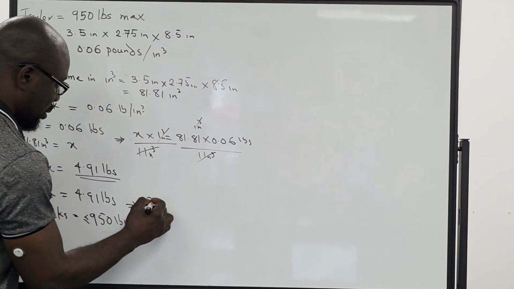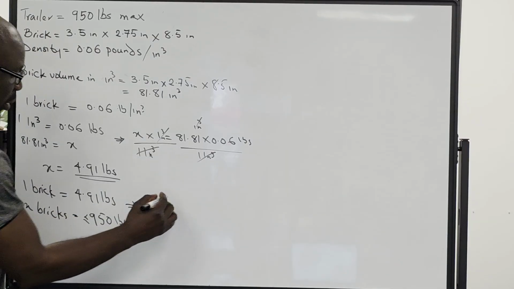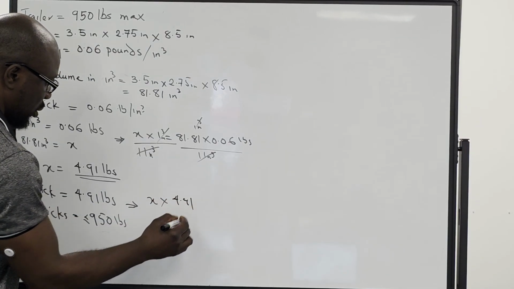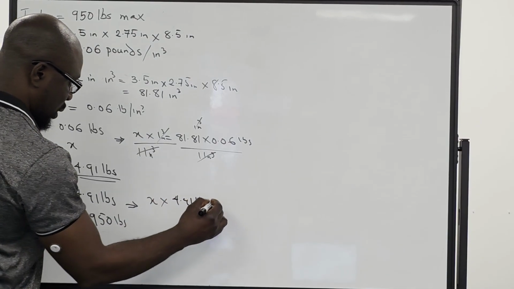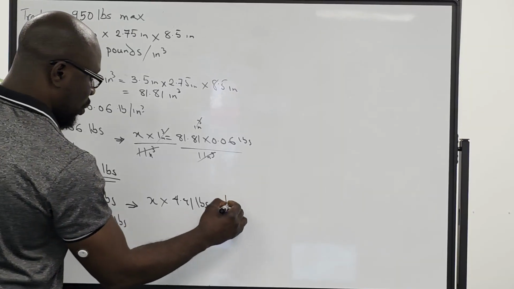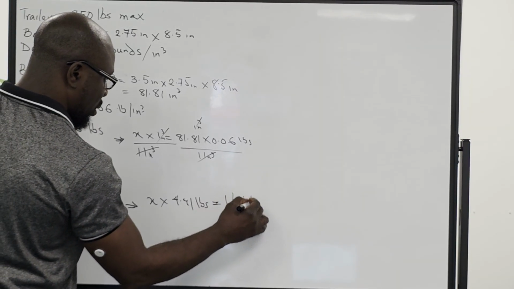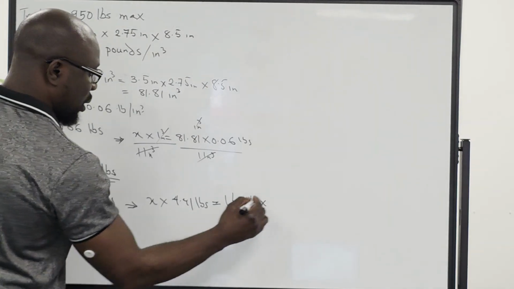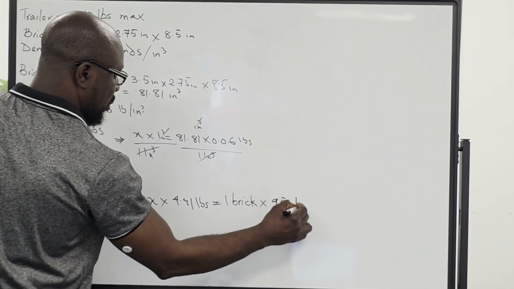X times 4.91 pounds is equal to 1 brick times 950 pounds.